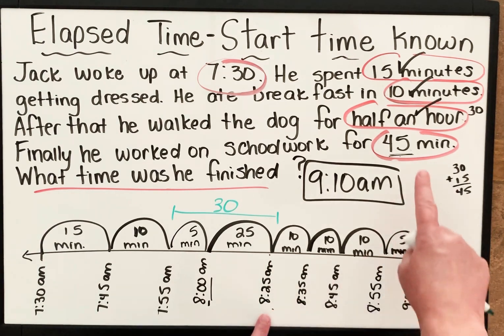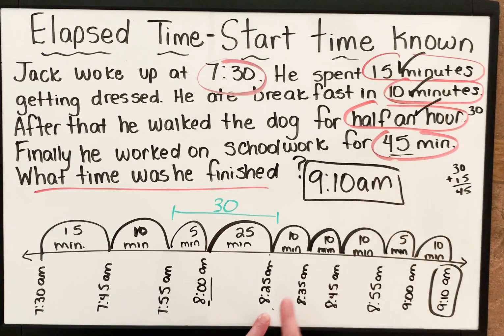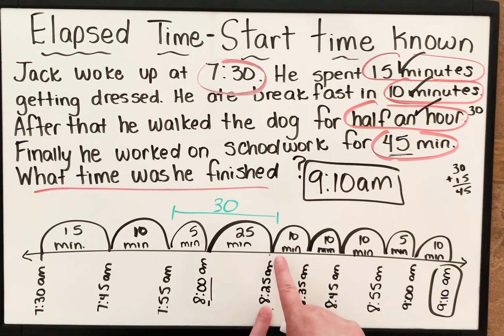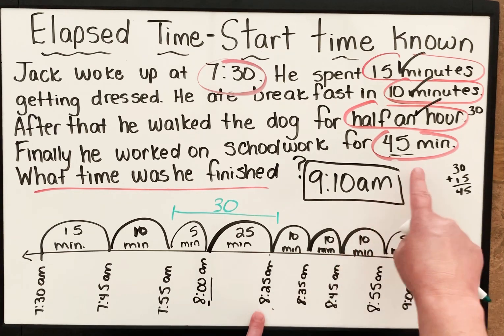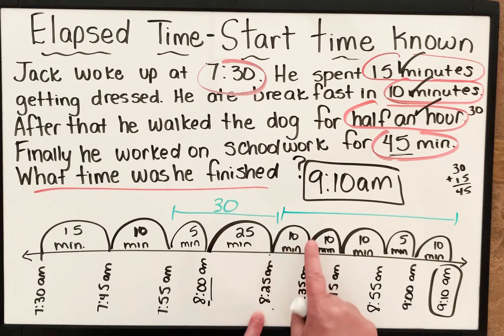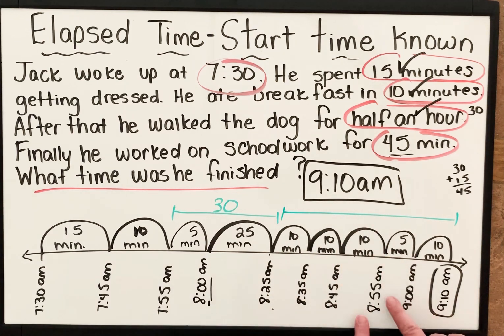And then the last thing we did was we took our 45, and I broke this up. Now, I knew if I had made a big jump of 45 from here, it would have got me to a next hour. There would have been a lot of fixing your hour and your minutes there. And so this was easier for me to break it up. So we broke it into 10s. So for 45 minutes, I did jumps of 10, 10, 20, 30, until I got here.